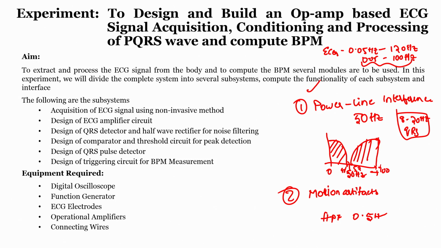But if I want to design such a filter with a proper cutoff frequency, we require a higher roll off factor. If you want a higher roll off factor, single first order filters cannot be used; we have to go with second order or third order filters, and we have already seen that the higher the order of the filter, the more op amps and components, the more complex the system, and the cost will also be higher.